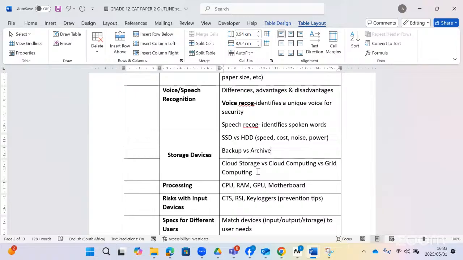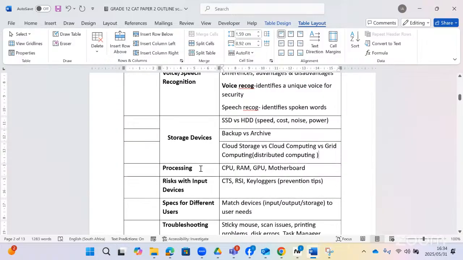So in other words, cloud storage is an example of cloud computing. It is part of the cloud computing. And then grid computing is sharing of resources, that's the hardware resources, in order to solve a specific problem. So mostly another word for grid computing, distributed computing. So you must know how to compare these three and their definitions.